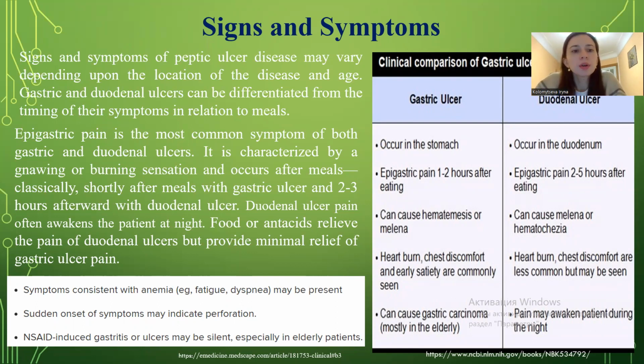It is characterized by a gnawing or burning sensation and occurs after meals, classically shortly after meals with gastric ulcer and 2-3 hours afterwards with duodenal ulcer. Duodenal ulcer pain often awakens the patient at night. Food or antacid relieve the pain of duodenal ulcer but provide minimal relief of gastric ulcer pain.